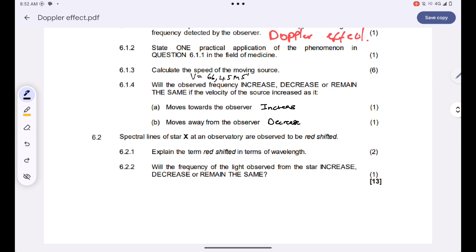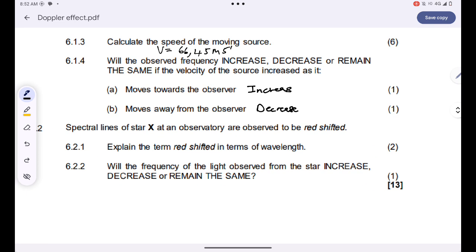When the star, guys, is being redshifted, it simply means that it is moving away from the Earth, and hence the universe is expanding. So the distant star will have a greater wavelength. Why? Because anything that is redshifted has a lower frequency, guys. Ne? So anything that is redshifted simply means that it has a lower frequency and a greater wavelength.